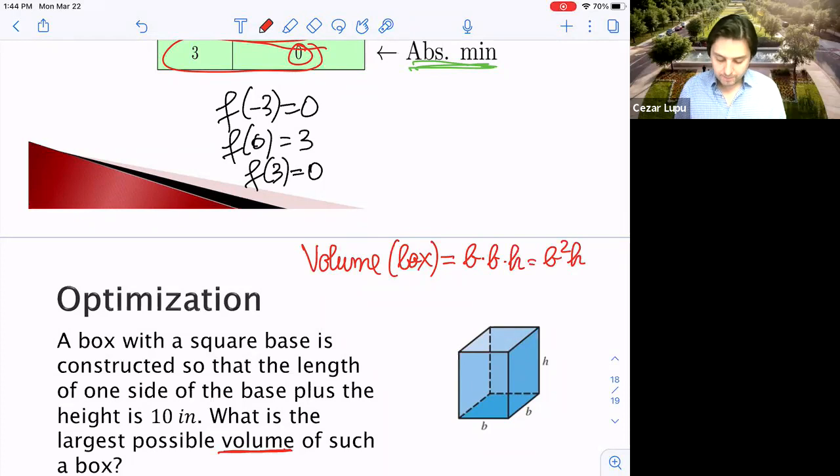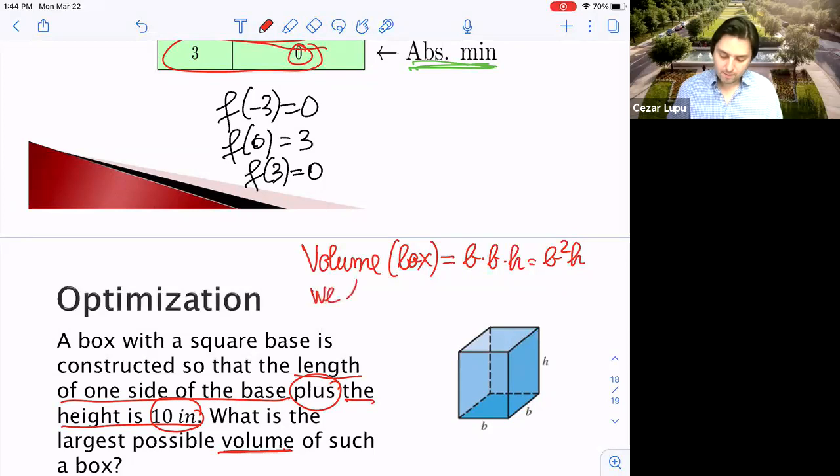So we know that the length of one side, we have this information of the base, plus the height is 10 inches. So B plus H is what? It's 10 exactly.